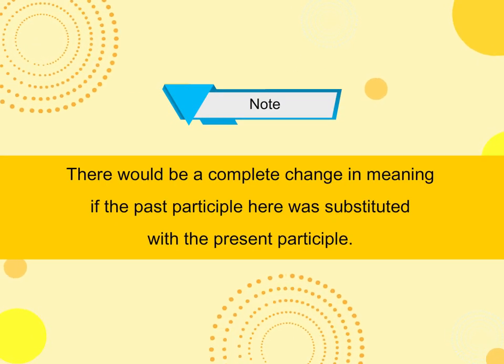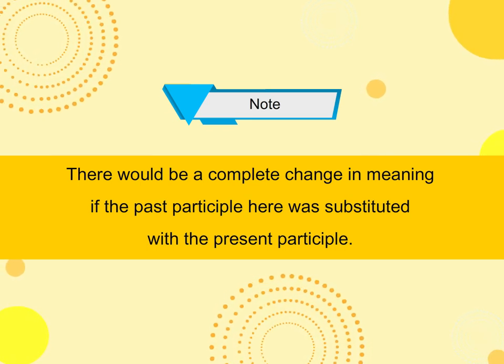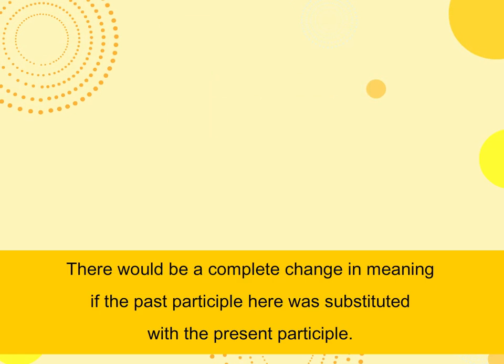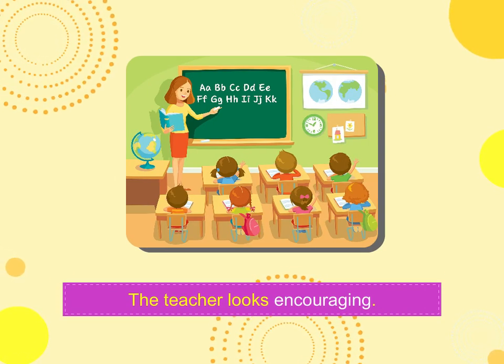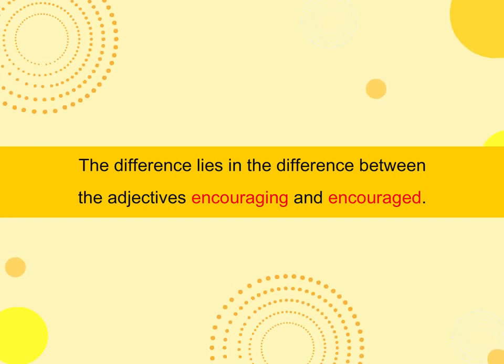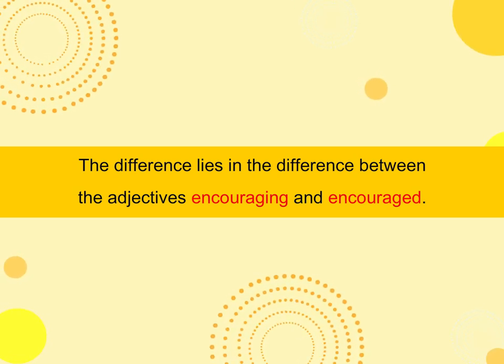Note, there would be a complete change in meaning if the past participle here was substituted with the present participle. The teacher looks encouraging. The difference lies in the difference between the adjectives encouraging and encouraged.